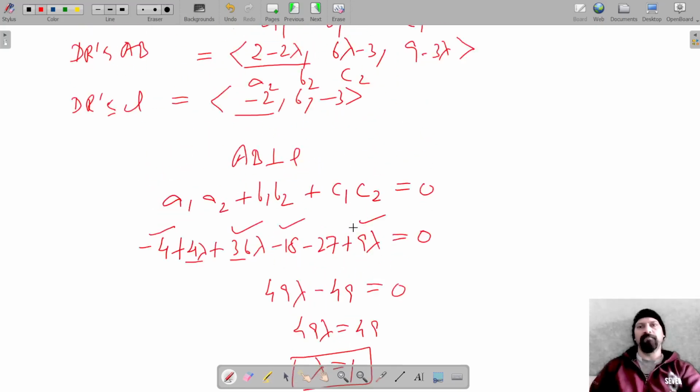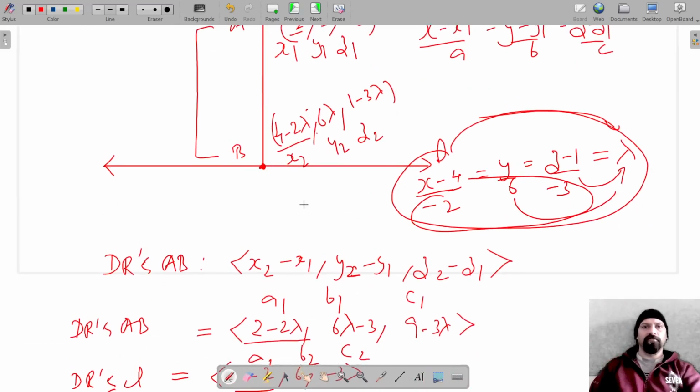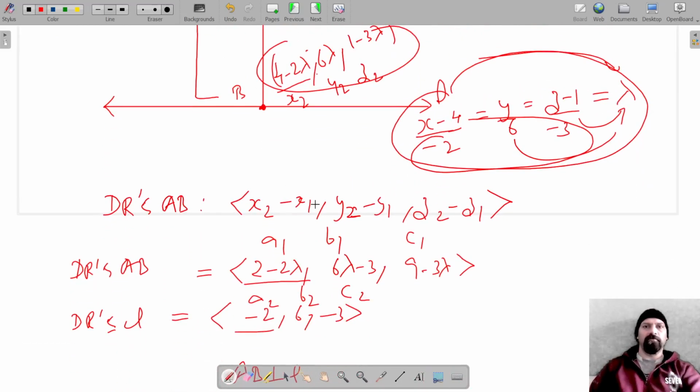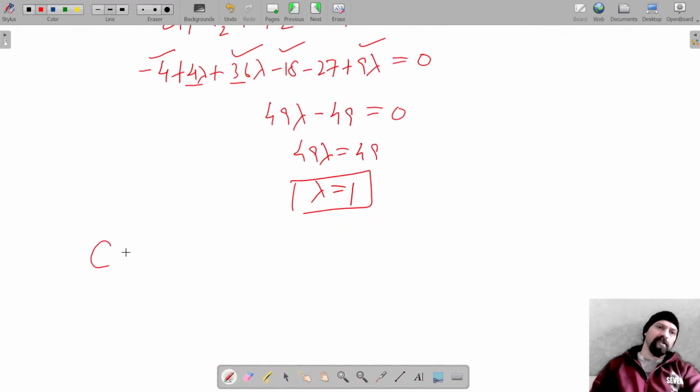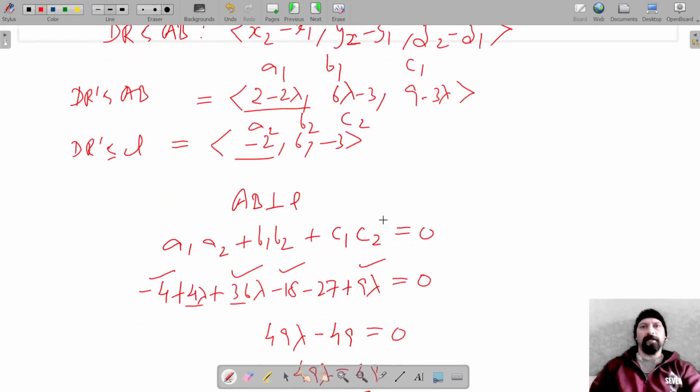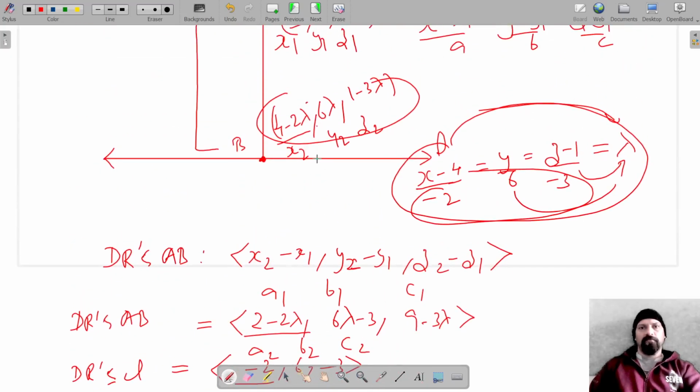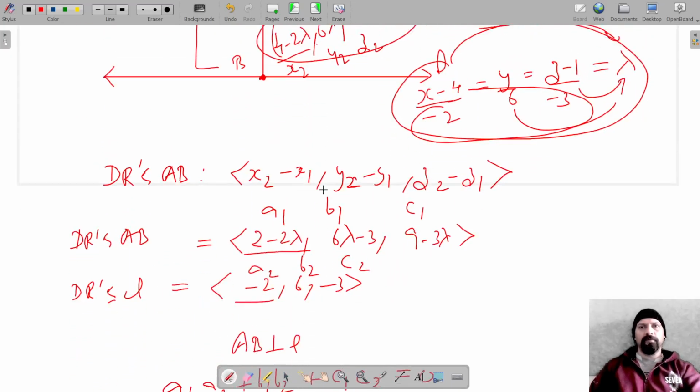So we have got lambda, and let's write down the coordinates of the foot of the perpendicular. Let's put in the value of lambda here.